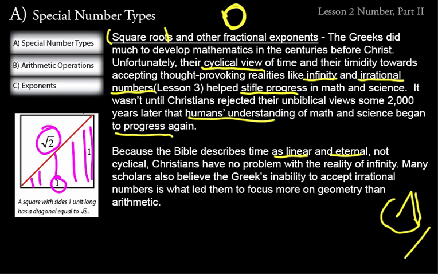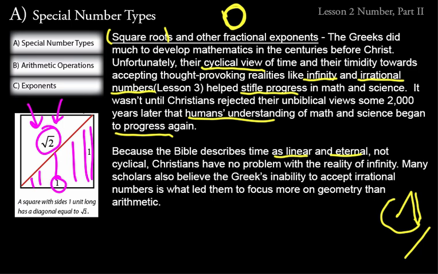So the Greeks could draw a square perfectly, or as close to perfect as possible, but they kind of covered up the fact that they couldn't find the exact value of a very simple square with sides of length 1. See, they worshipped human reason instead of worshiping God. If they couldn't understand it, then they just rejected or ignored it.